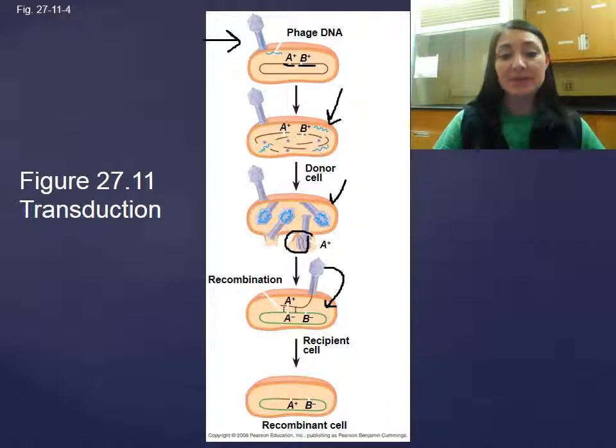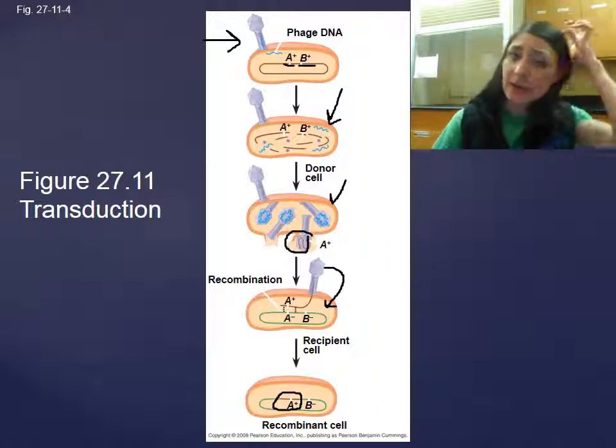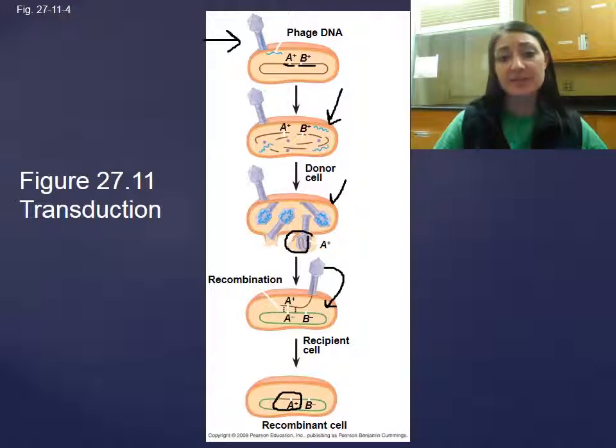When that happens, we see that this brown gene that was from the original host cell gets incorporated into the new cell's DNA, and that is considered a recombinant cell because now it also has the allele for A positive where it did not in the beginning.